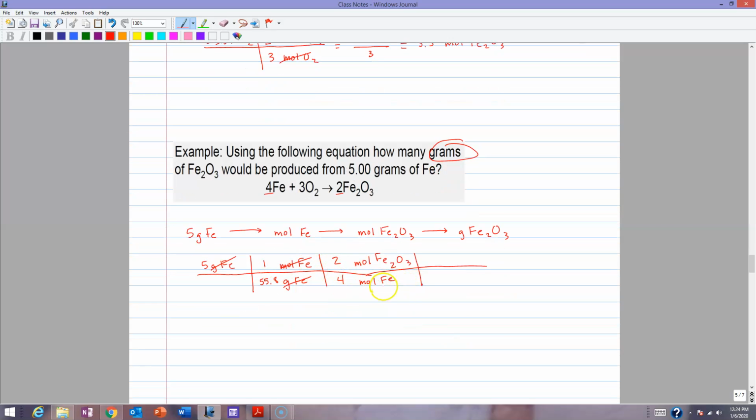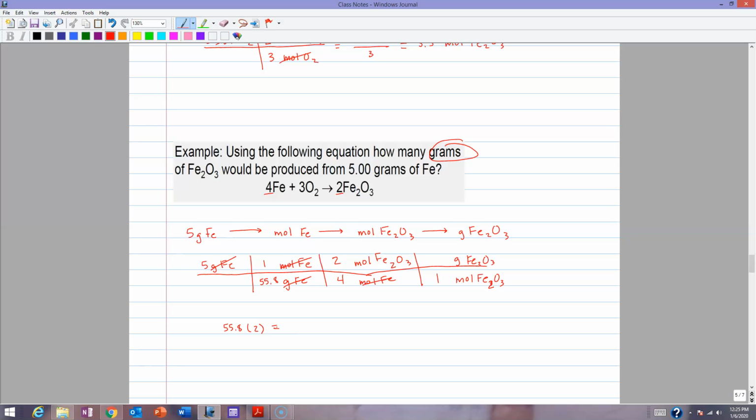Now my moles of iron cancel out. And now I can do my last conversion factor where I go from moles of iron 3 oxide to grams of iron 3 oxide. And I've got moles and grams, so the number 1 is going to go in front of moles. Iron 3 oxide, I have 2 irons, each at 55.8.